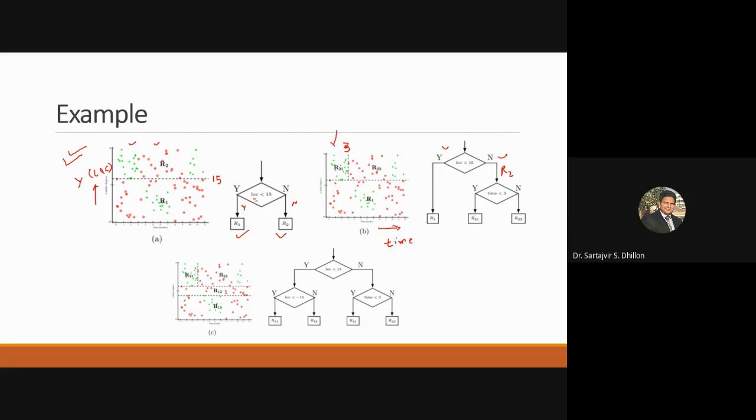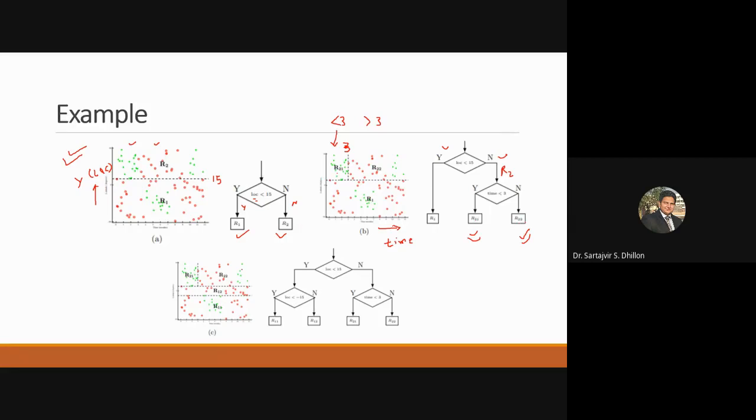This is less than 3 and this area is greater than 3. So if your expression is time less than 3, you can simply put it into region 2,1. Otherwise, you put it into region 2. So this is for the subset of region 2, that is 2,1 and 2,2. You can easily visualize this.